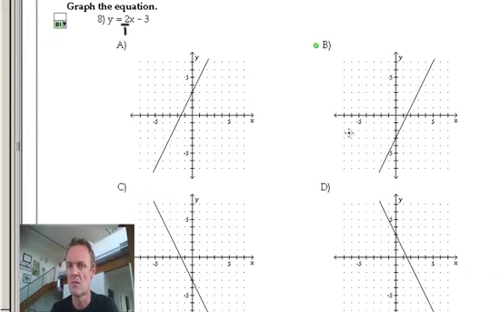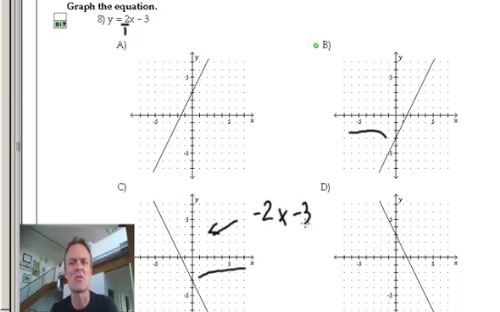There's negative 3. This is the one that goes up 2 and over 1. This other one has a negative slope. This is negative 2x minus 3 as an equation. Remember which is the positive slope, which is the negative slope.